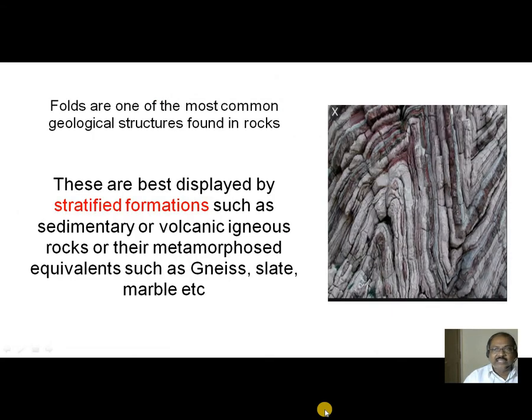Now, folds can be seen very clearly as a geological structure in stratified rocks.